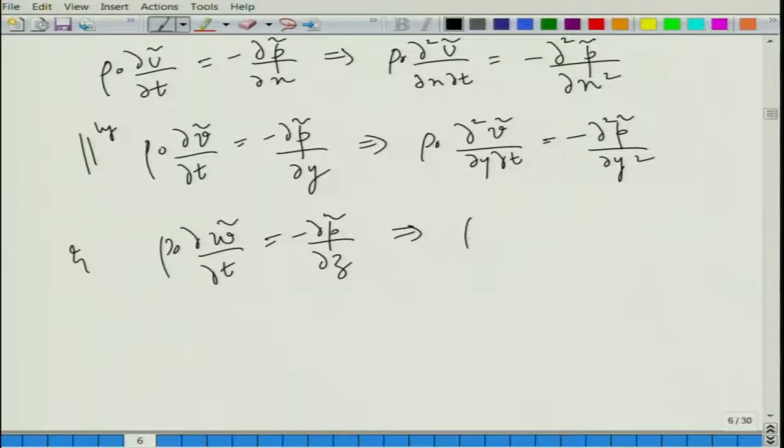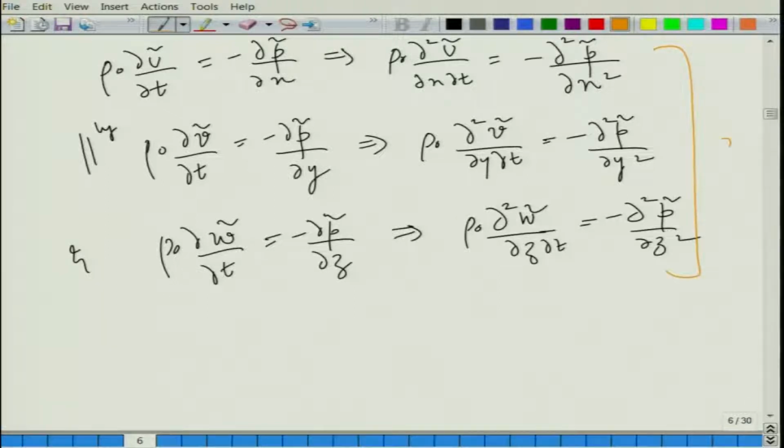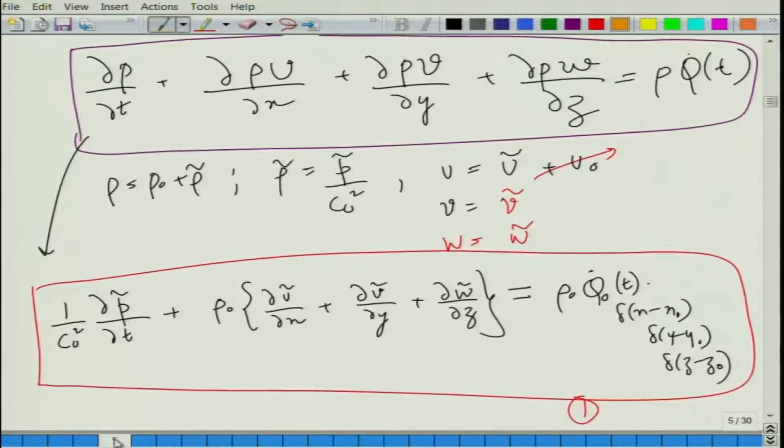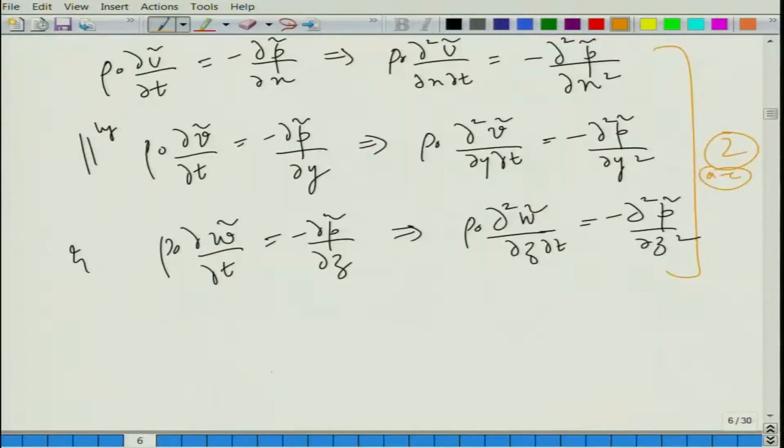So, what we get is again taking a derivative with respect to the space here. So, the idea is to eliminate the particle velocity components along each direction to get this. And what we do is that we will keep all this result aside and name these as equations 2, maybe a to c. Okay. And now take a time derivative of this equation, and that will set up the matters.